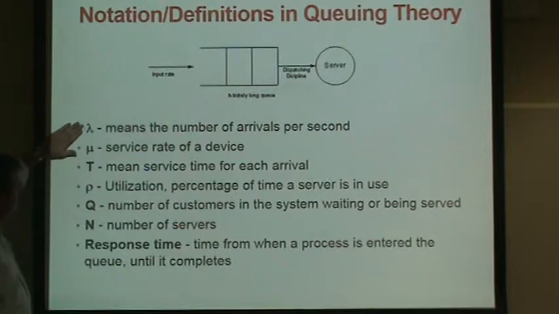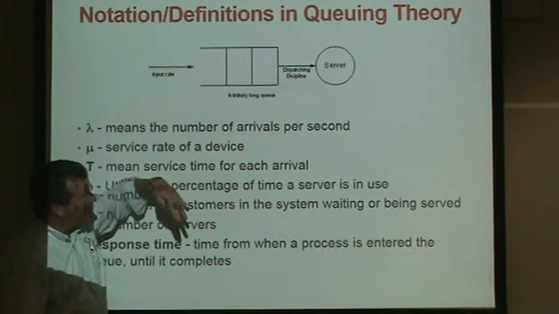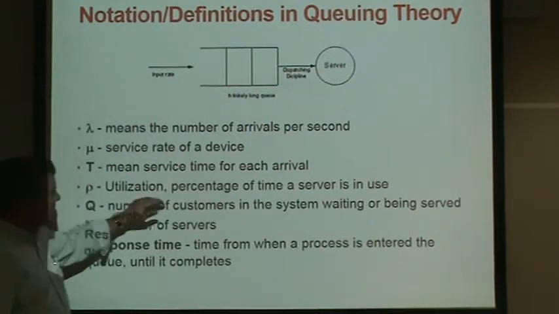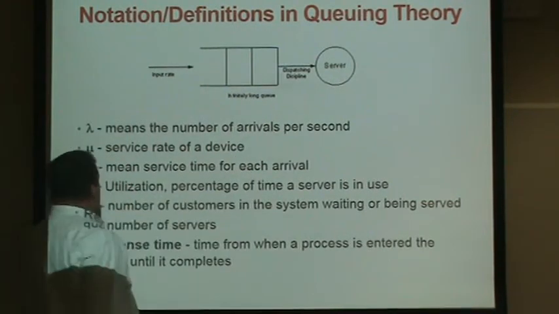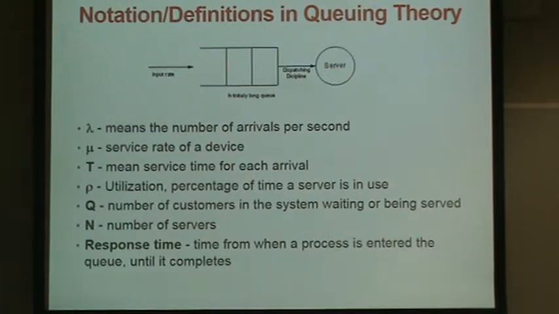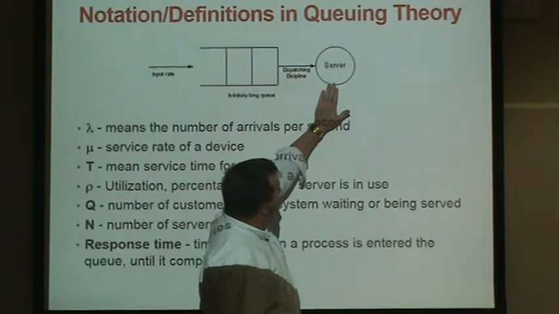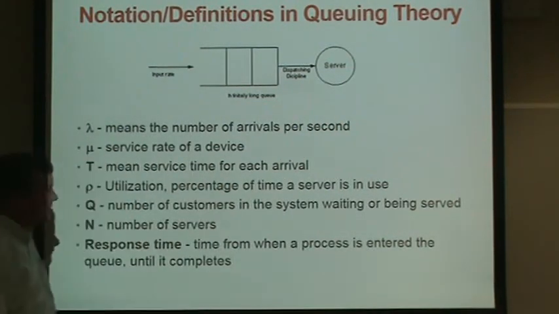Okay, so we'll use the Greek letter lambda to mean the rate at which customers are arriving. And we'll use the Greek letter mu to mean the service rate, or the rate at which customers can get served. Capital T will be the mean service time for each arrival, how long it takes from when you enter till you get served. So now there's the idea of what percentage of the time is the server, like the cashier in a supermarket, in use?